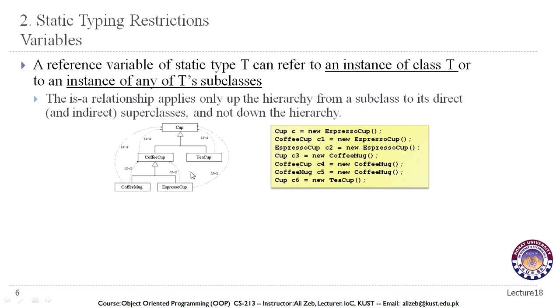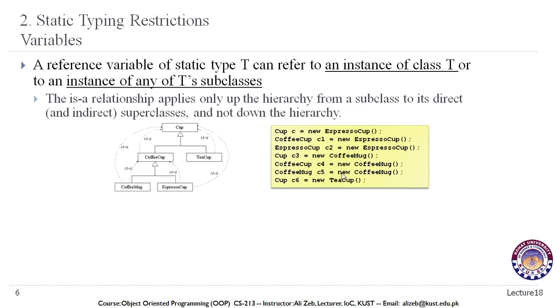So coffee cup again is a superclass of the coffee mug, and we understand that we can use the superclass reference to declare an object of the subclass. Coffee mug can only be used, according to our hierarchy, to declare a variable of the coffee mug class only.